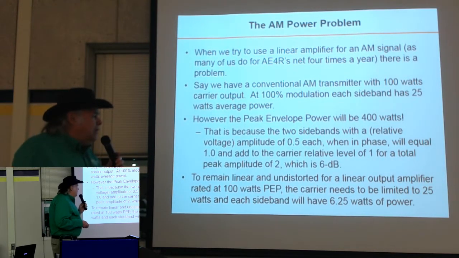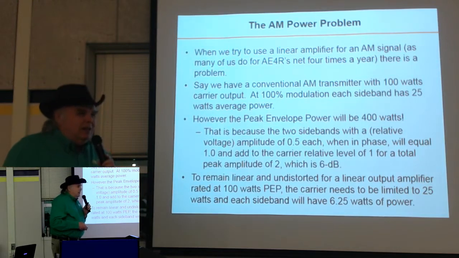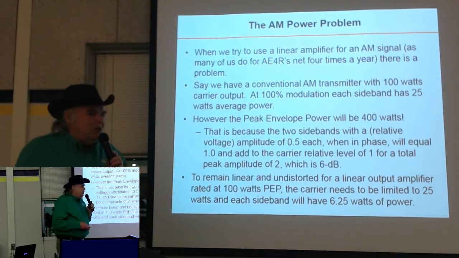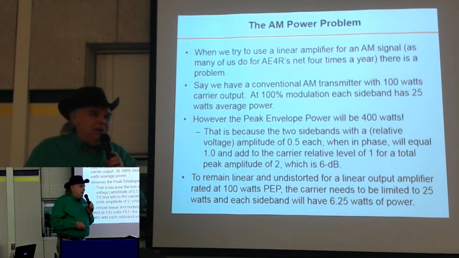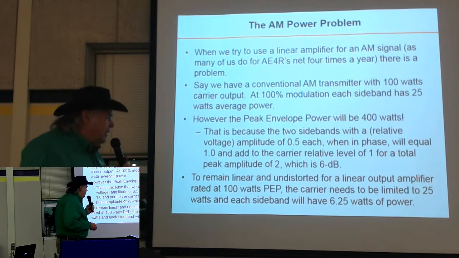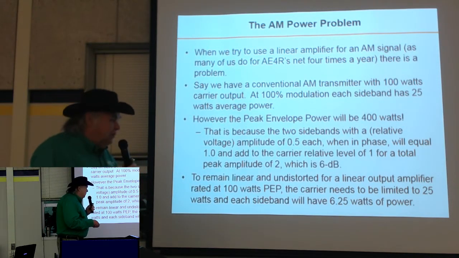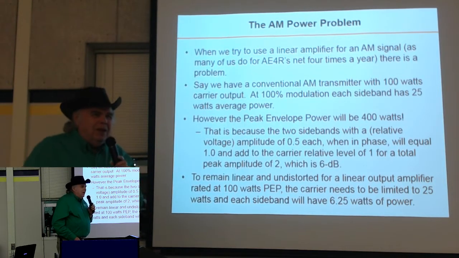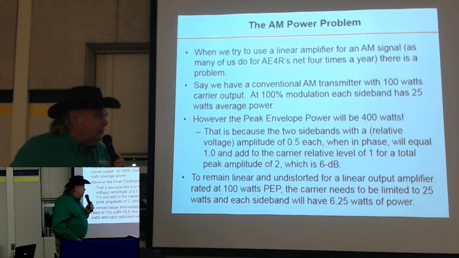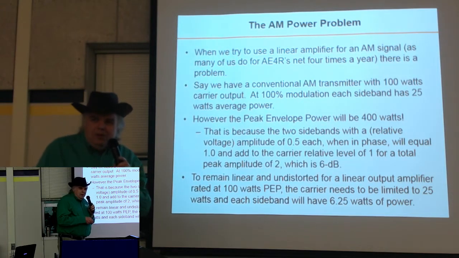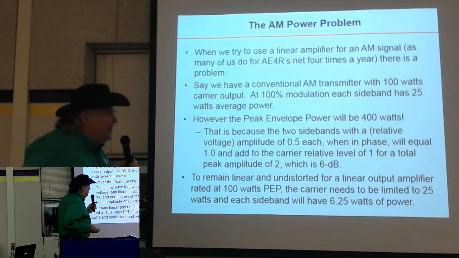So basically 25 watts carrier is as much AM power as you can put into a 100 watt PEP rated linear amplifier. And then each sideband will be 6.25 watts. So I guess the moral of that story is if you really want an AM, then run a real AM transmitter. It'll be 6 dB louder for a 100 watt transmitter. Okay?